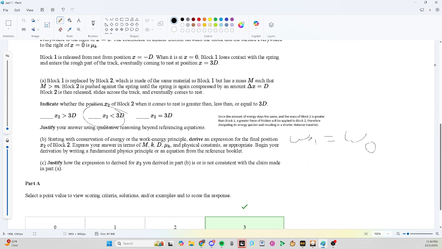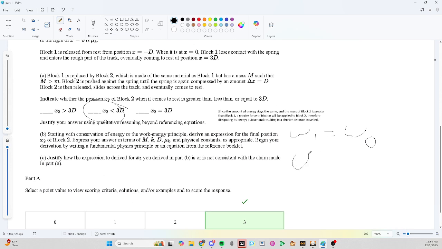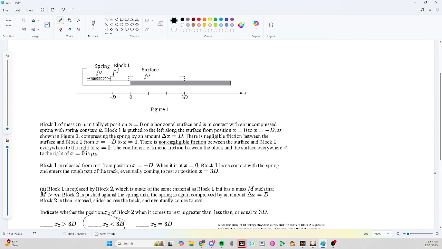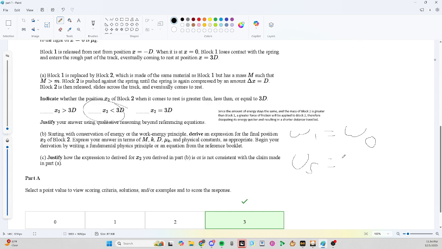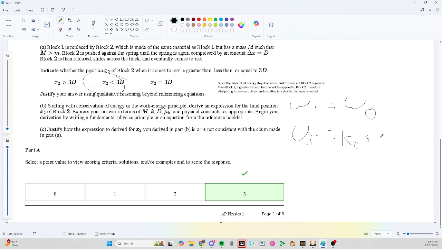And the work in is the potential energy of the spring, so Us is equal to the final kinetic energy, K_f, as well as the work done by friction, so plus work of friction.